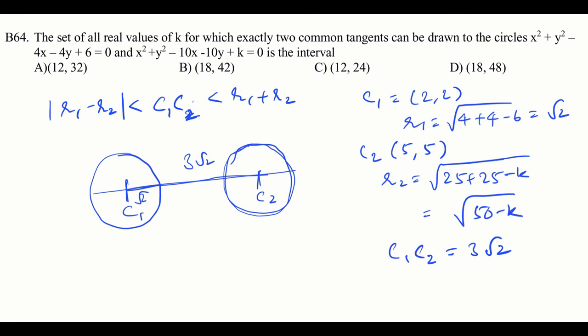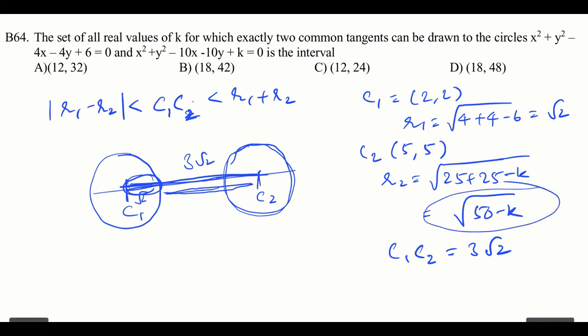So, for the second circle to intersect the first circle, the radius of the second circle must be more than 2 root 2, because the distance from here to here is 3 root 2 and this covers only root 2. So this distance is 2 root 2. Unless the radius is more than 2 root 2, the second circle cannot intersect the first circle. Therefore, this radius must be greater than root 2.